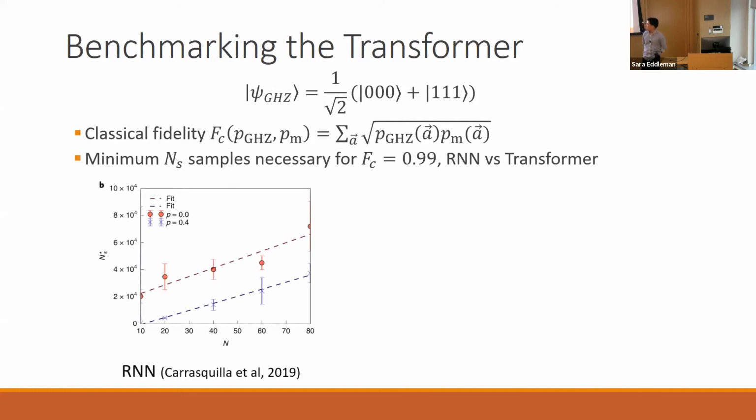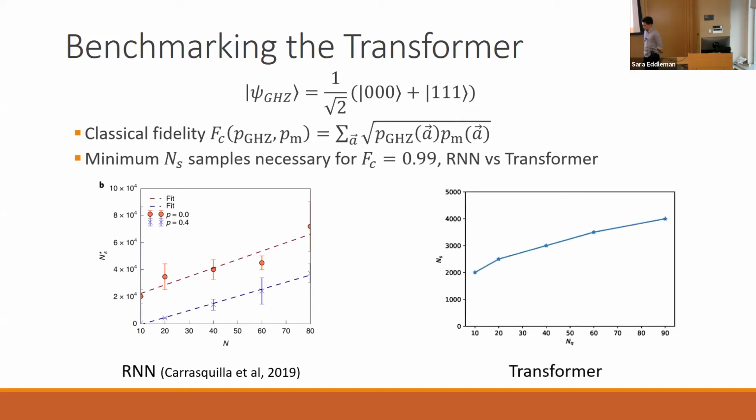And so in the RNN, you can see the very nice result that the number of samples scales linearly with the number of qubits. And the transformer achieves the same linear scaling in the number of samples necessary to achieve the classical fidelity, except with an order of 10 reduction in the number of data that's needed.